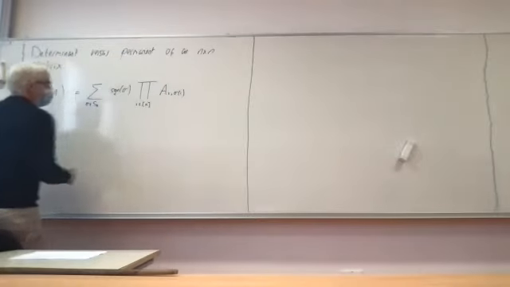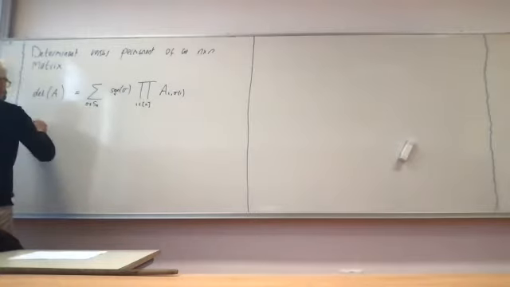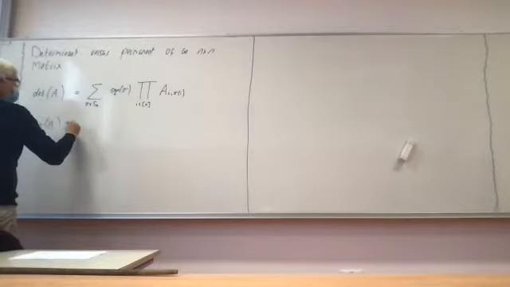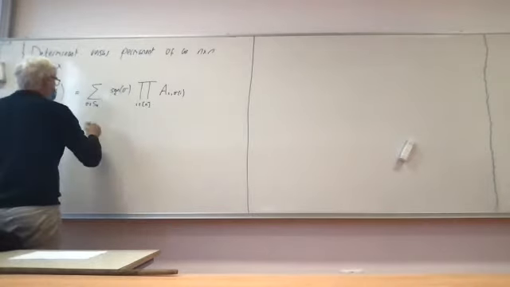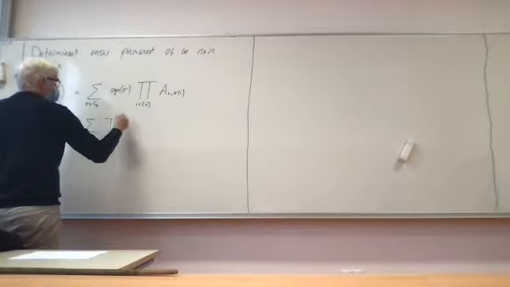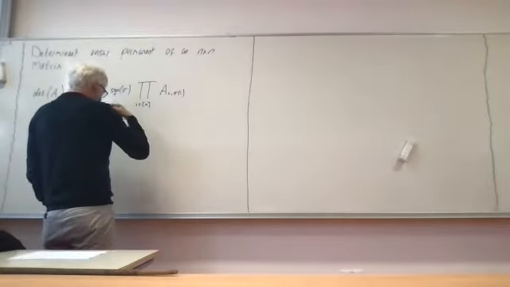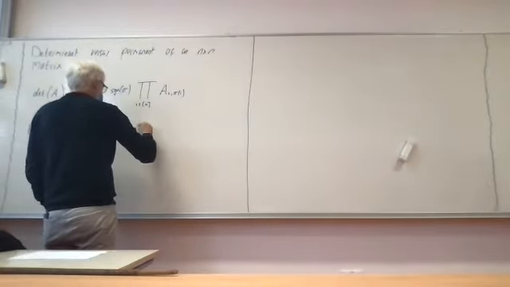So that's the famous formula for the determinant, and the permanent is the same formula but without the sign. So again, we sum over all permutations, and we take the product over all indices from 1 to n of a_{i,σ(i)}.